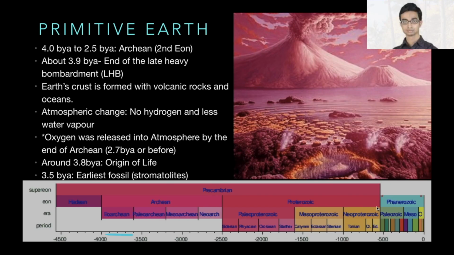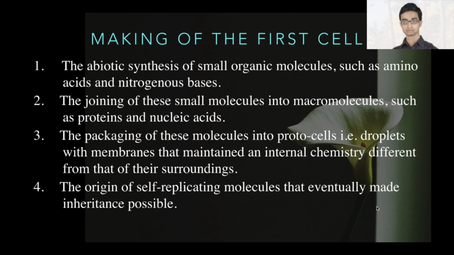Now, let's look at the formation of the first living cell in detail. Logically, four steps must be fulfilled to manufacture a cell. First, the abiotic, that is, without any help of living organisms, synthesis of small organic molecules, such as amino acids and nitrogenous bases.